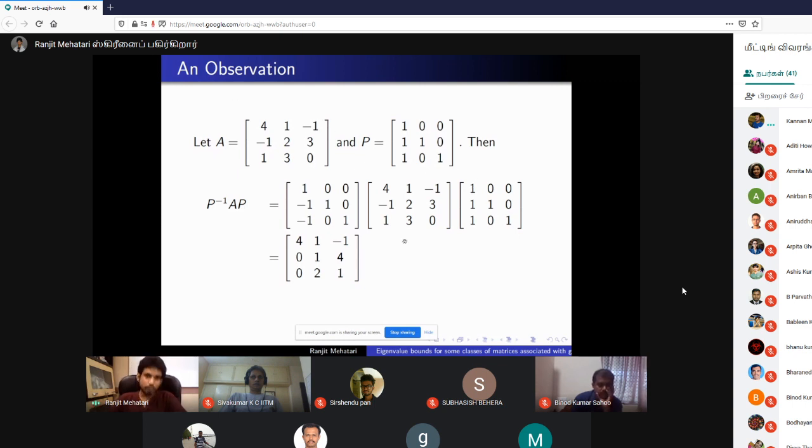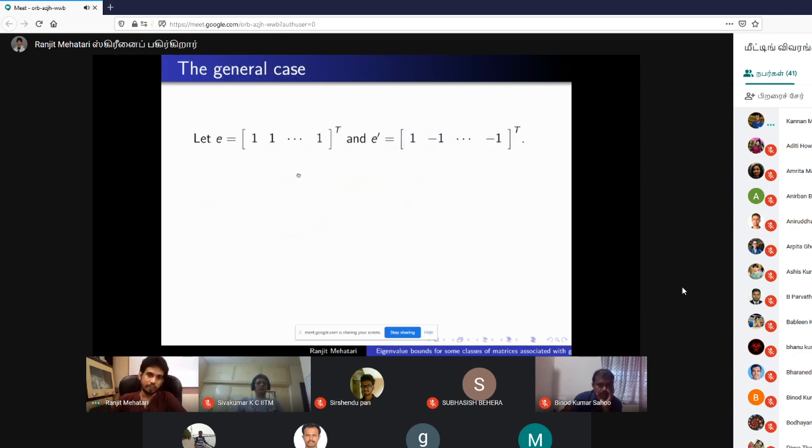Now, from this observation, we try to generalize this fact for the n by n case. For that, we take E to be the all one column vector and E prime to be the column vector whose first entry is 1 and all other entries are minus 1.